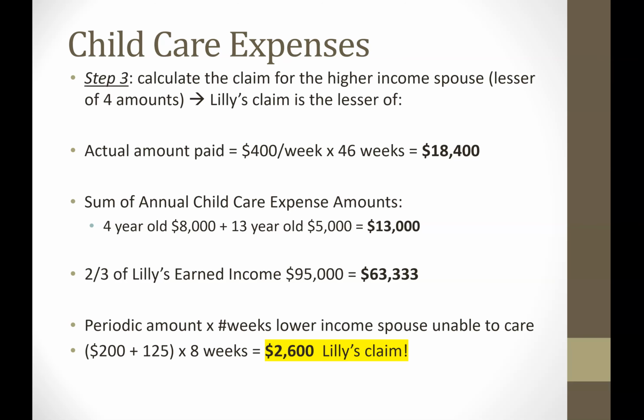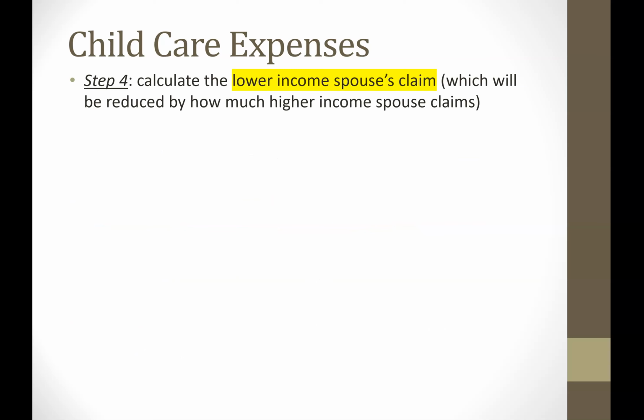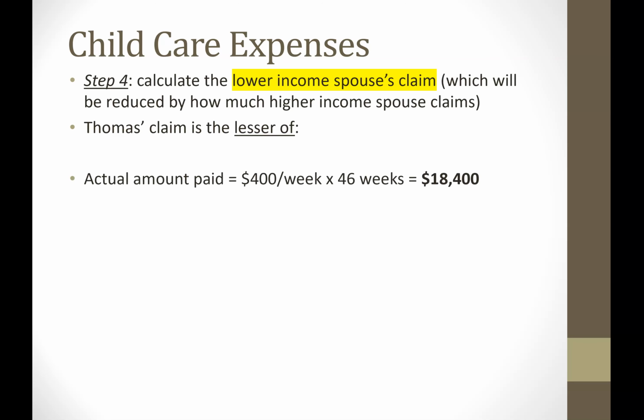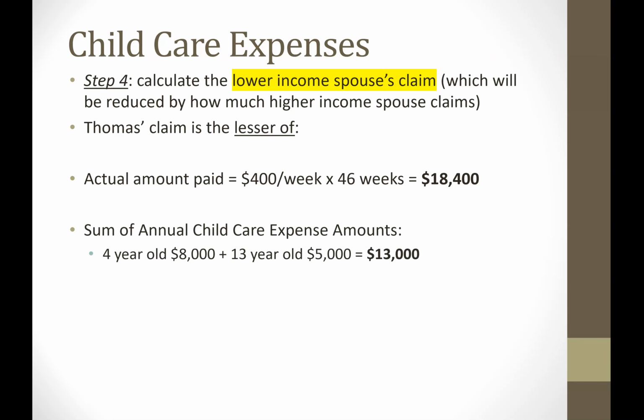Then we move on to step number 4, Thomas's claim. Thomas's claim, because he's the lower income spouse, is the lesser of 3 amounts. Number 1, the actual amount paid, that stays the same. Number 2, the sum of the annual child care expense amounts, that is also the same, $13,000. And then the third limitation is 2/3 of his earned income.